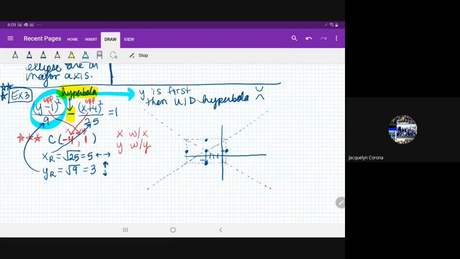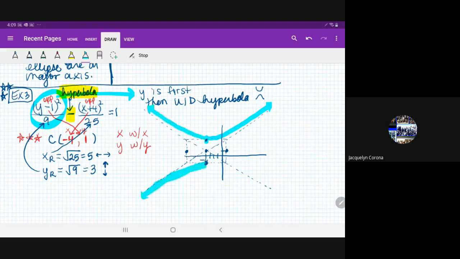Okay, so since y is first, it's going to be an up-down hyperbola. So this is your vertex, and then try not to go in the box. Okay, so try not to go in the box, and you're kind of going towards the line. I'm going to draw it with my regular blue line. But you're basically trying to make a parabola that approaches these asymptotes.